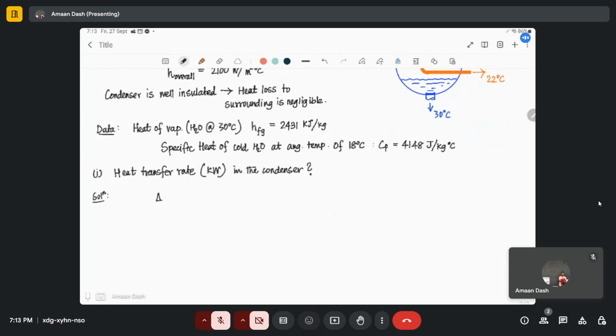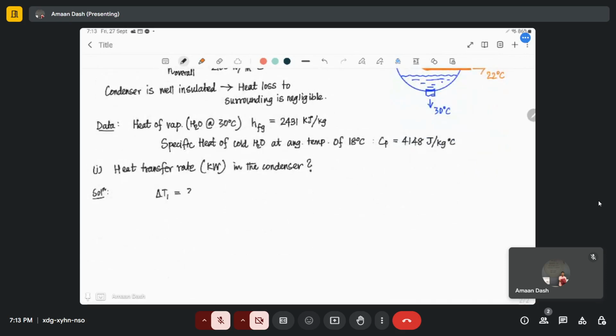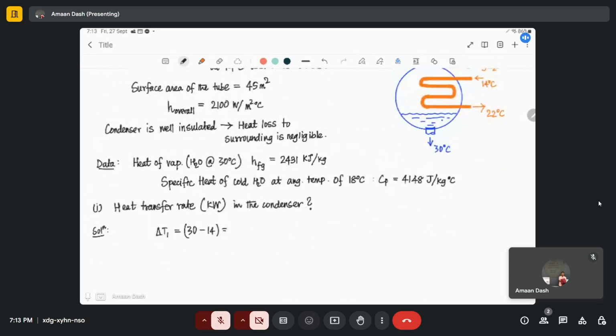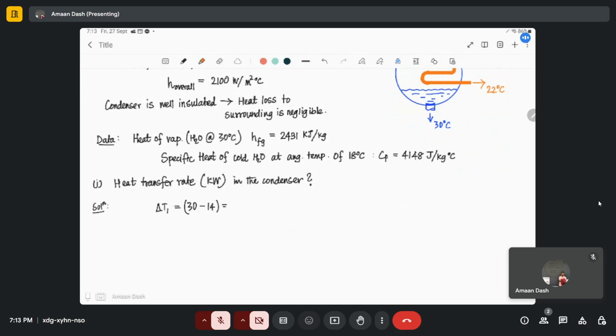Let's say delta T1 is equal to 30 minus 22, so this is 8 degrees Celsius. Similarly, delta T2 is equal to 30 minus 14, so this is equal to 16 degrees Celsius.